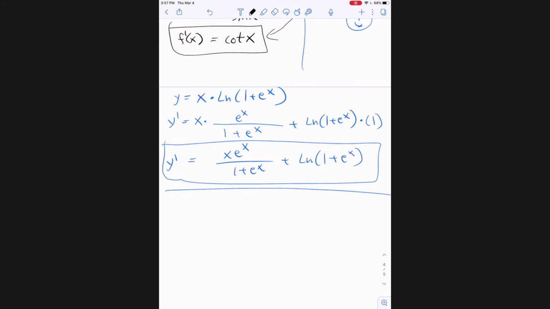So this is first times the derivative of the second plus second times the derivative of the first. So the derivative of x is just 1. I got it now. Thank you so much. I was doing the other thing.